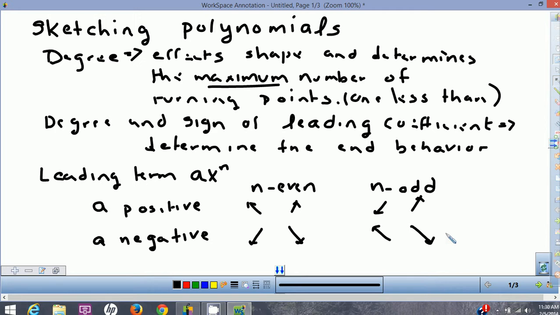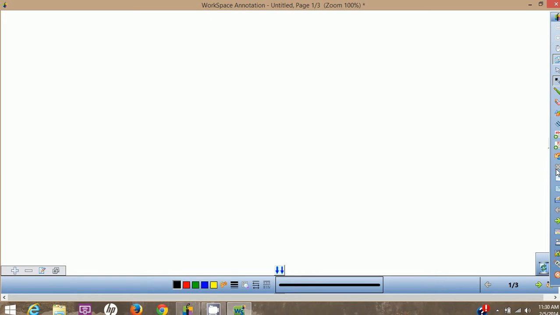So let's look at some examples of that just to make that make a little bit more sense, and I think you'll find that this concept is actually fairly simple once you see what it looks like. So an example, what if my function is y equals x to the 4th minus 3x cubed plus 5x. But let's get an idea of our general shape here. Well, look at this leading term. My highest power is x to the 4th.